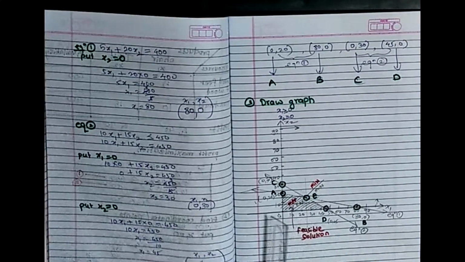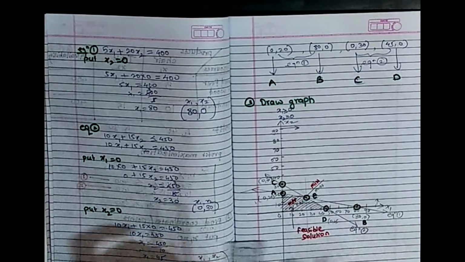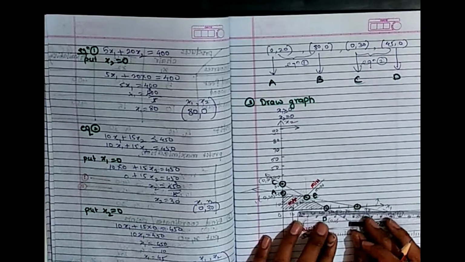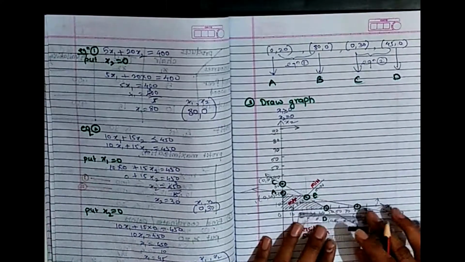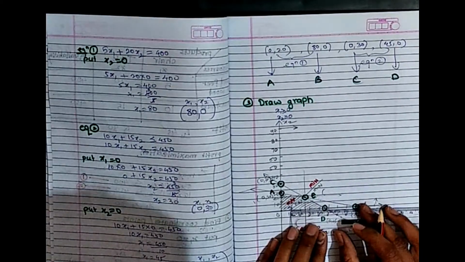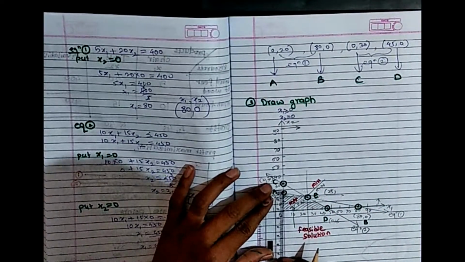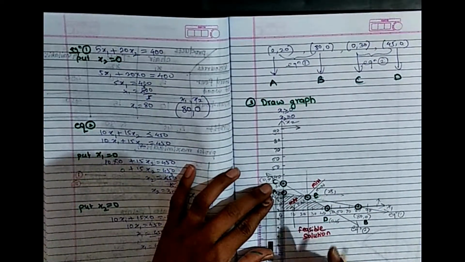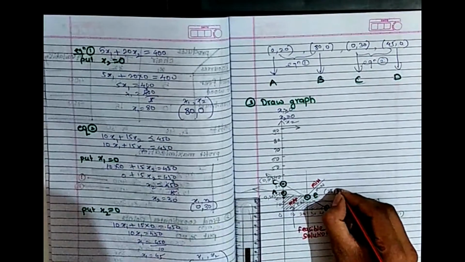As I have not drawn this graph on graph paper, my points will be slightly different, or maybe exact. So we'll see this is (25, 14).